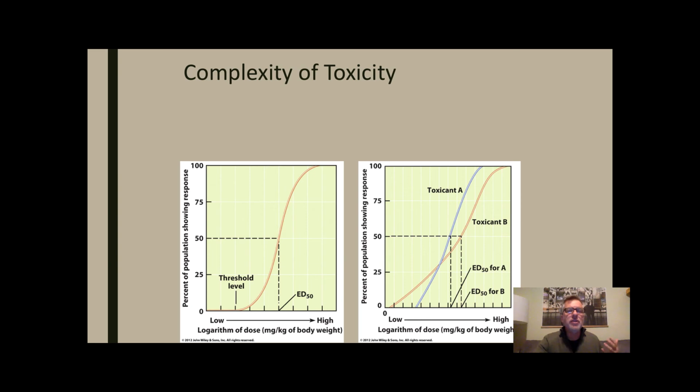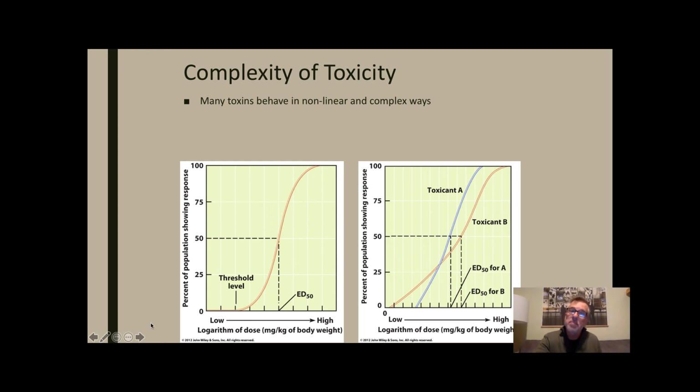Now, this toxicity itself is highly complex, and these two curves are meant to represent some of that. First of all, many toxins behave in a non-linear fashion and even more complex ways. And you can see the curves in this one are linear over short portions. For example, this first curve is linear from approximately here to about here, but non-linear at the endpoints.